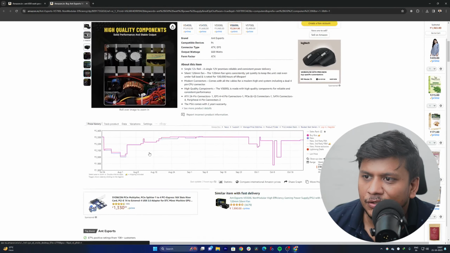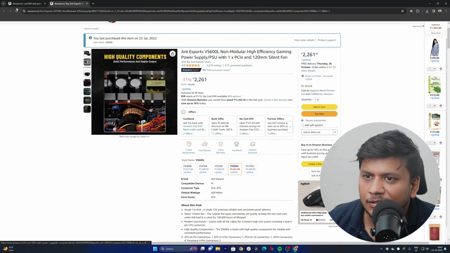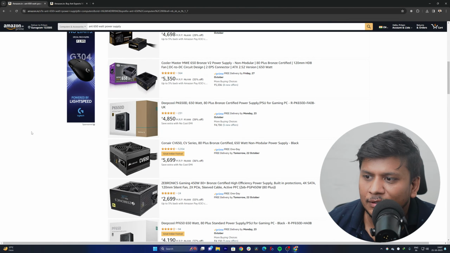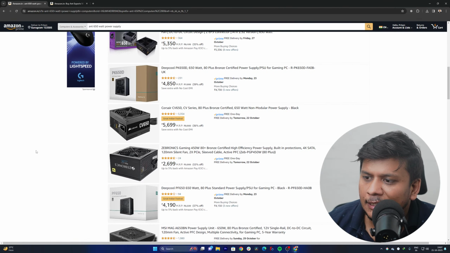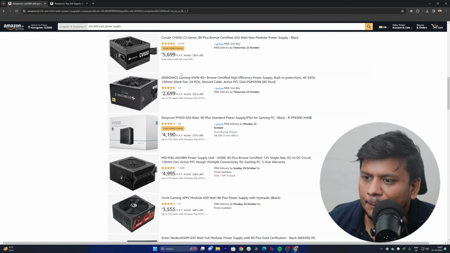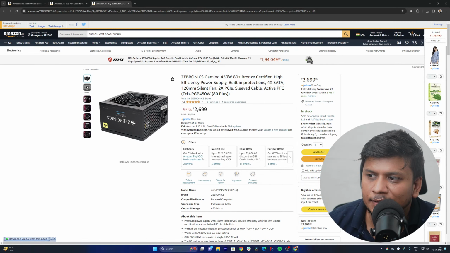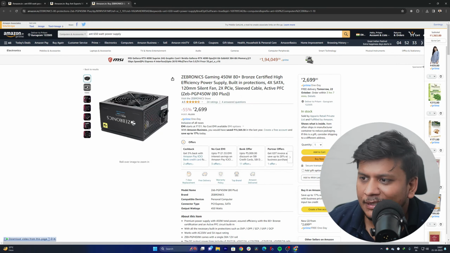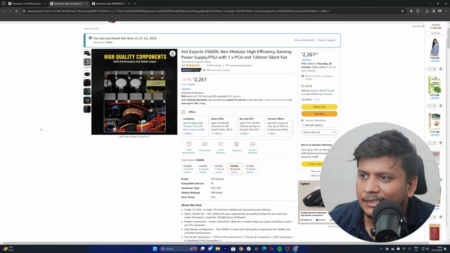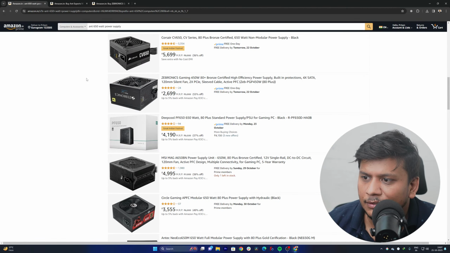But let's say you do not want to take a chance and you want a power supply with a certain rating, then let's find, yep, this one. If you believe in ratings, then you can for sure go with this. But this one is only 450 watts. Let's search for a 600-watt power supply. This one looks good, but it is again toward the expensive side.